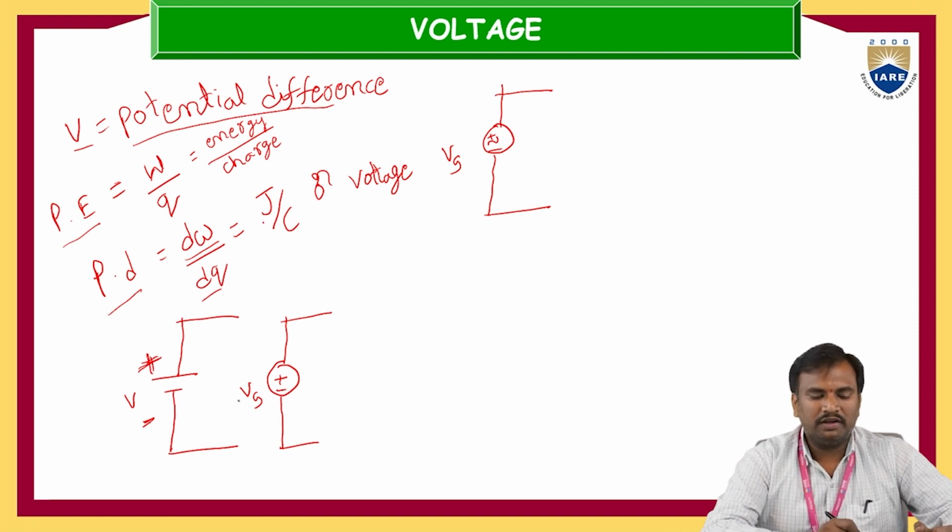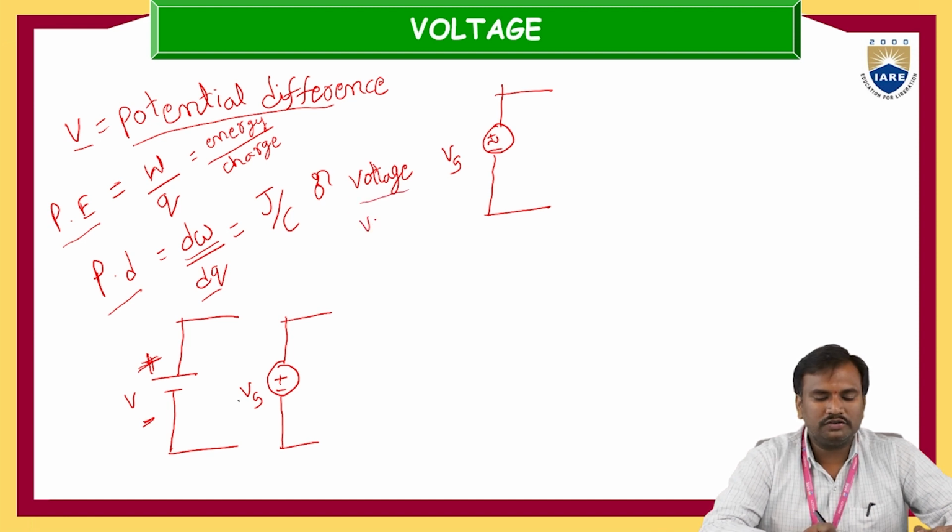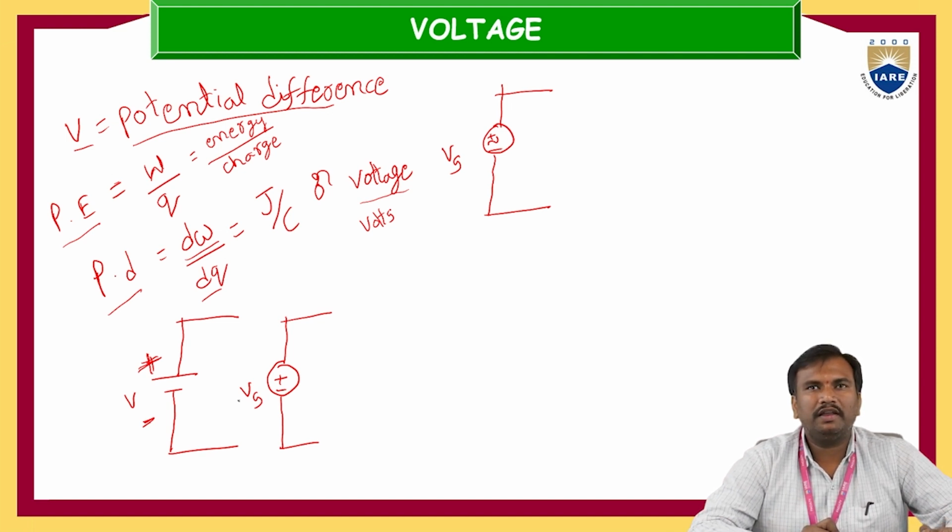So the voltage units will be joules per coulomb, or we can write it as volts. This is the potential difference between 2 points in an electric field.